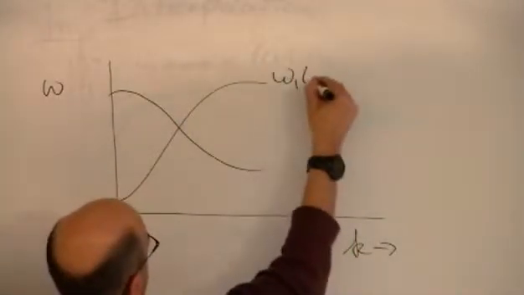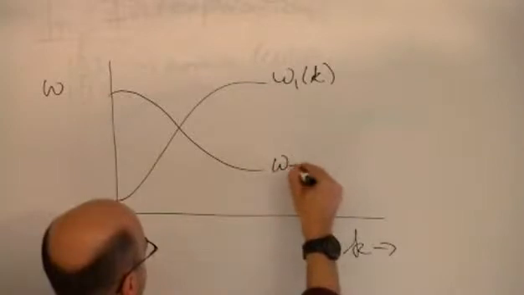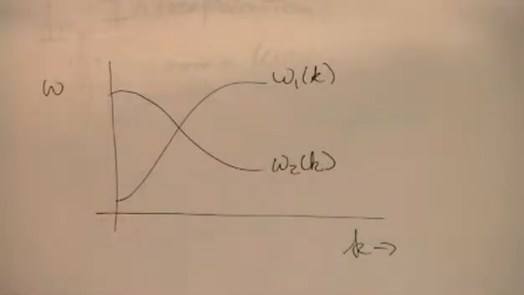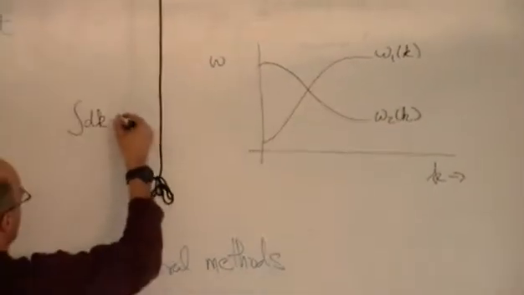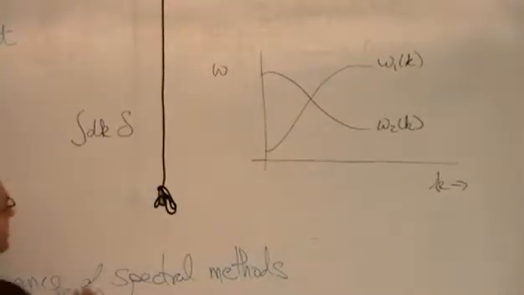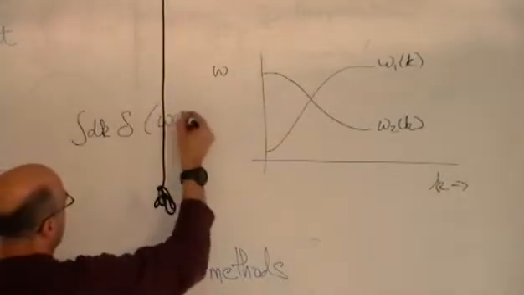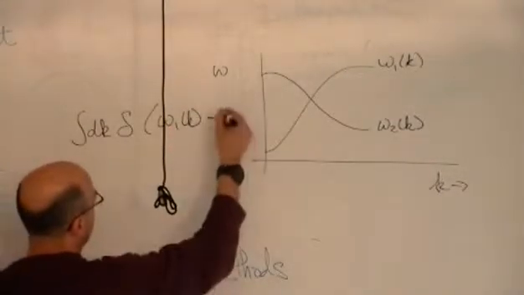Maybe there's 2 branches here, omega 1 of k and omega 2 of k. And we're looking at transitions between these. It was actually a 4-phonon process, but this will give you the idea. And as you know how Fermi's golden rule works, you're going to integrate over all possible processes, and then there's usually some energy-conserving delta function, which in my little example here might boil down to something like this.